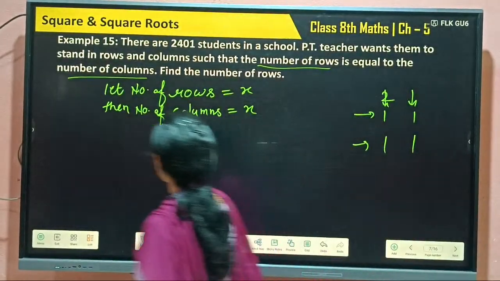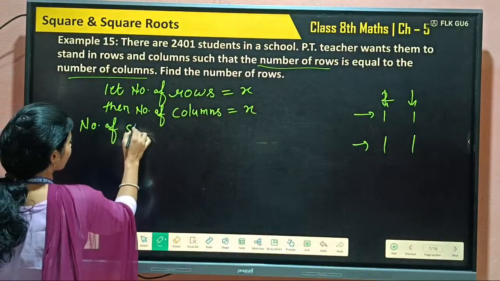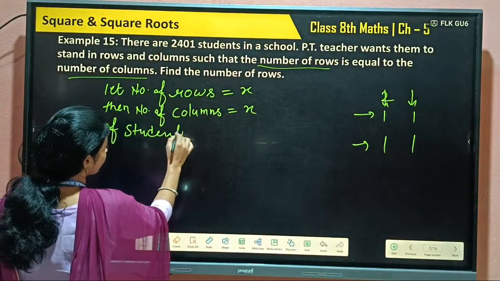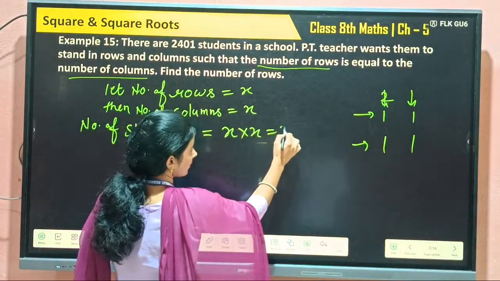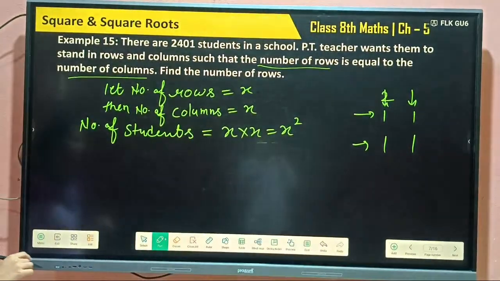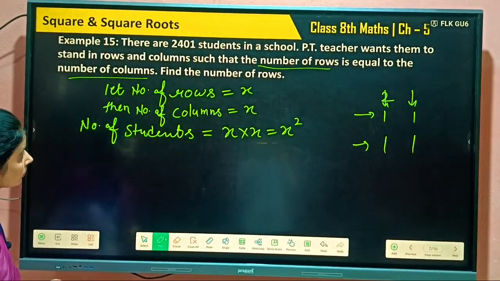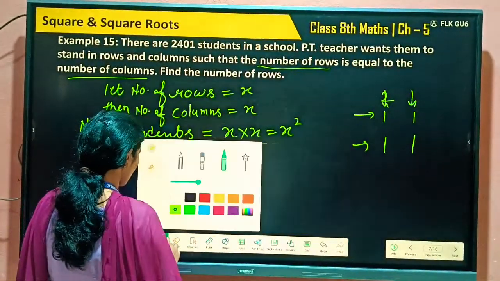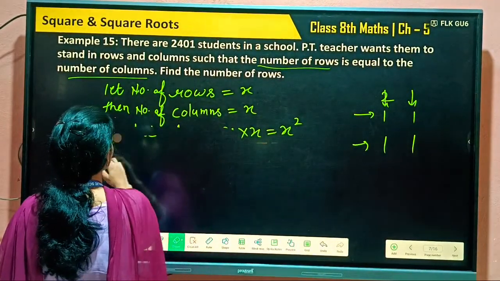Now the number of students will be x into x. X square means there are x rows and x columns. Find the number of rows. Okay, the situation is something different. This is not the number of students.